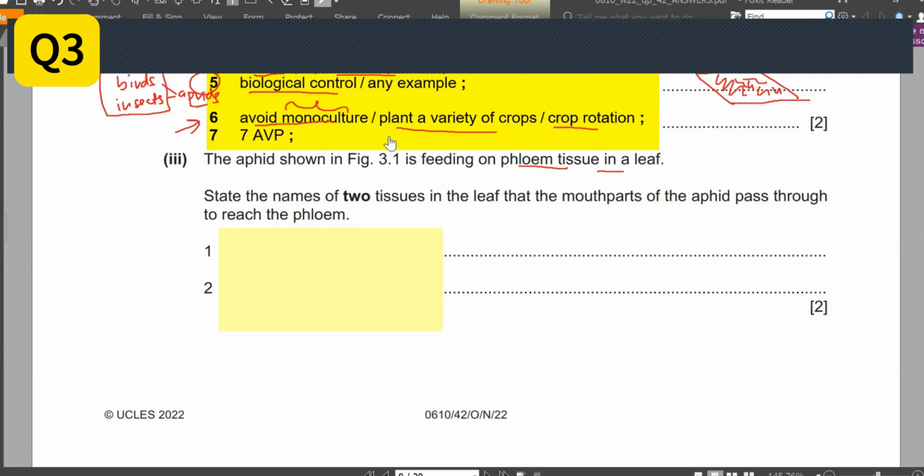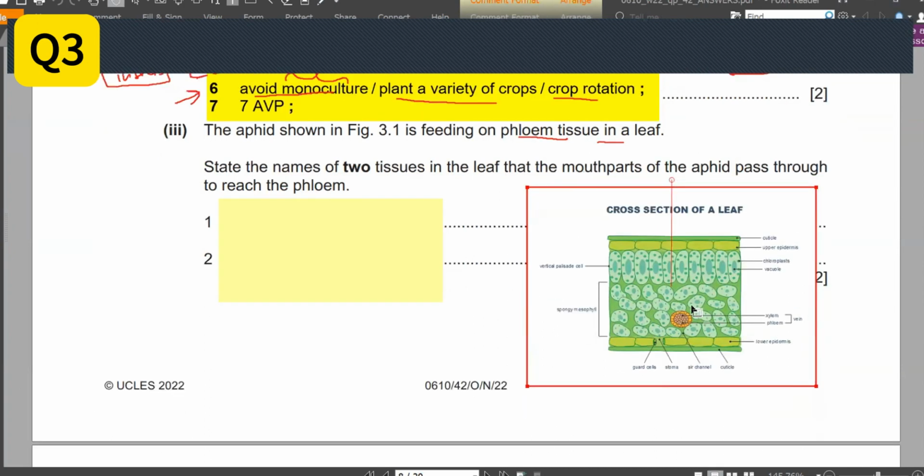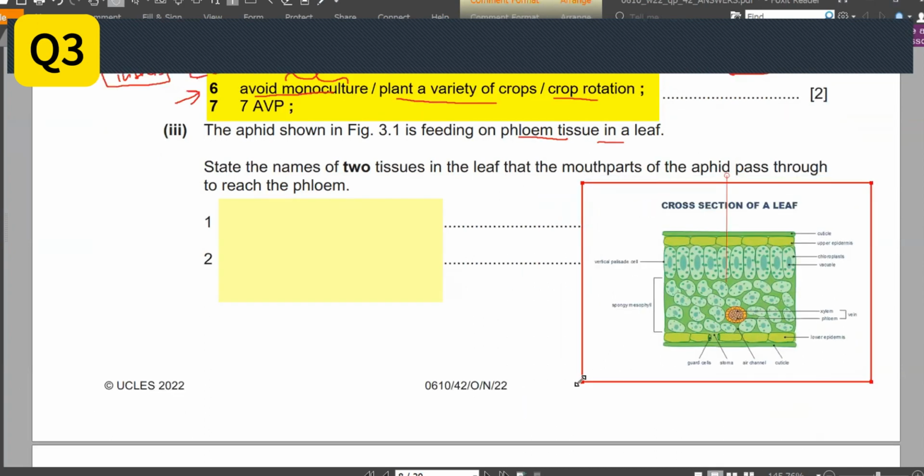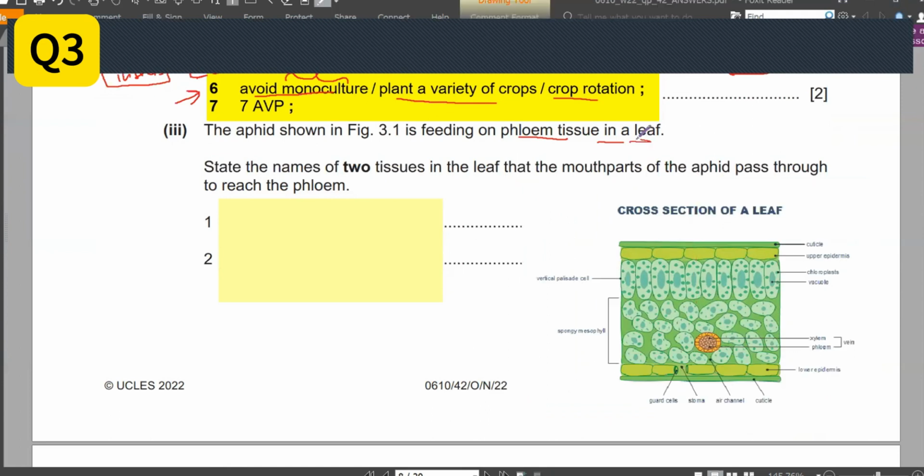So this is a cross section of a leaf. The aphid is here somewhere. So this is the aphid here, and it's trying to reach this section here, the phloem.